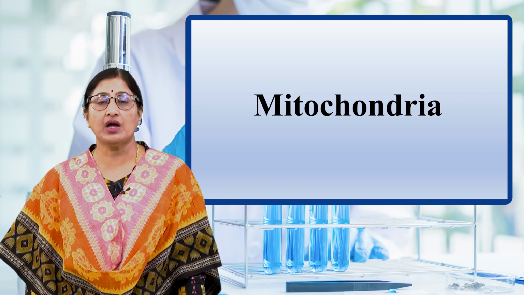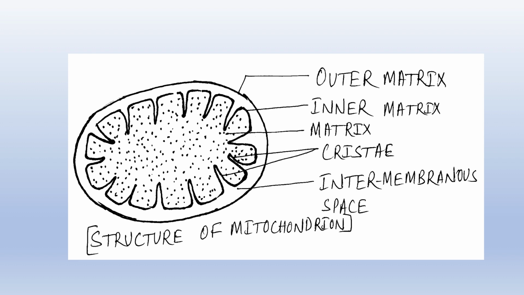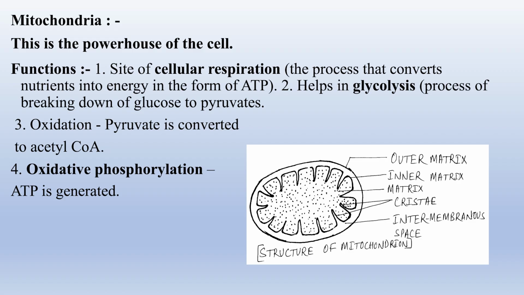They have their own DNA. Let us see the detailed structure of mitochondrion. This is called the powerhouse of the cell. Just see the structure. This consists of an outer smooth, inner folded membrane, inside matrix is present, and then intermembranous space is present. And the function of this mitochondrion is, this is the site of cellular respiration.